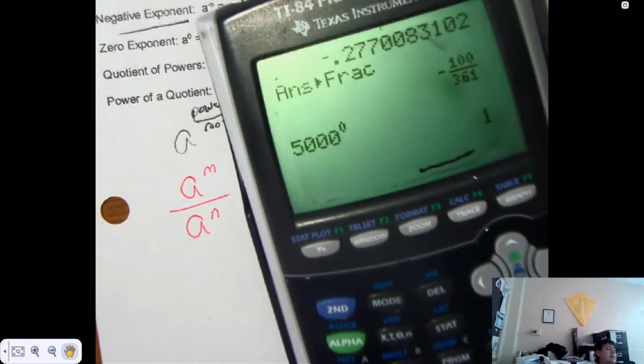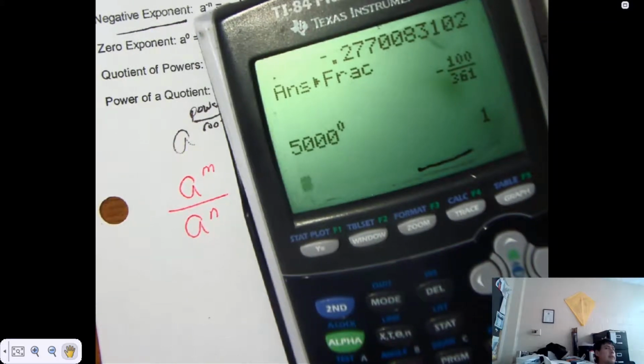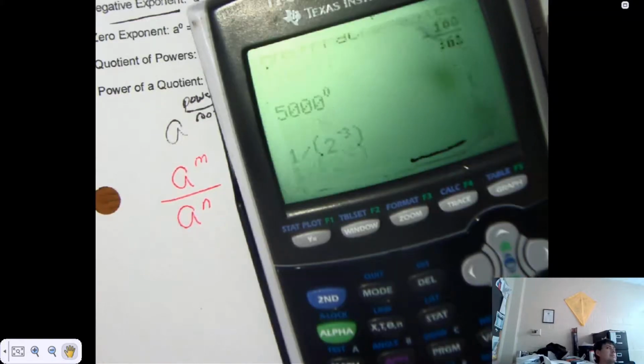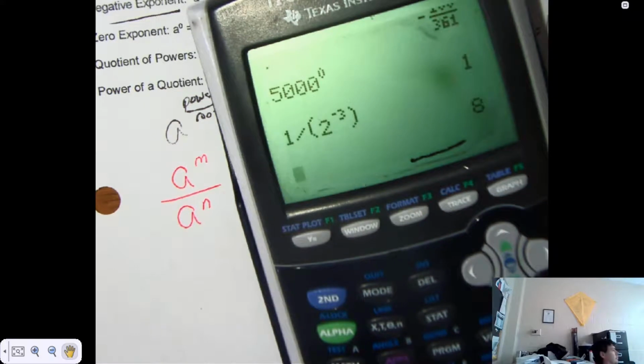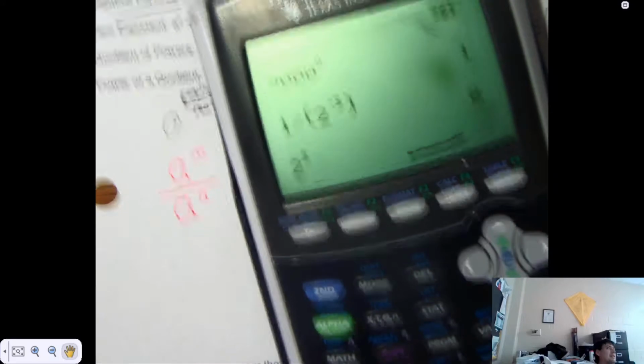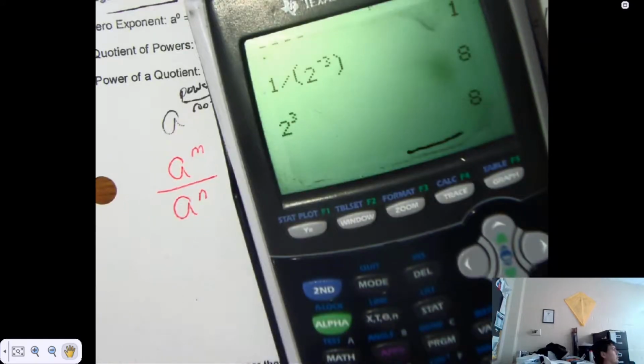That's permitted. I know that doesn't make sense to you, but if you take 1 and divide it by 2 raised to the negative third power, you're actually going to get positive 8. Because we're allowed to move that exponent up top and make it positive. It works numerically, it works for anything, variables or not.